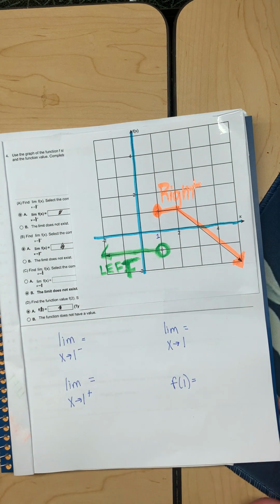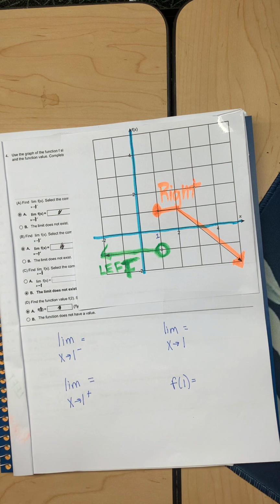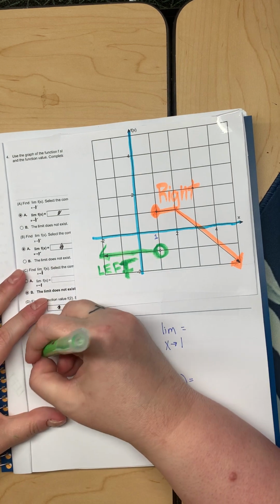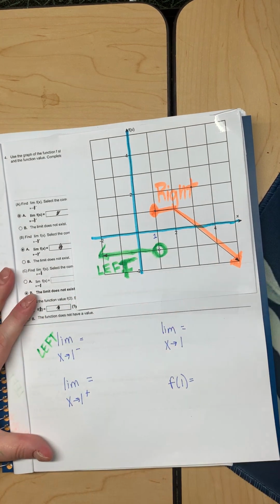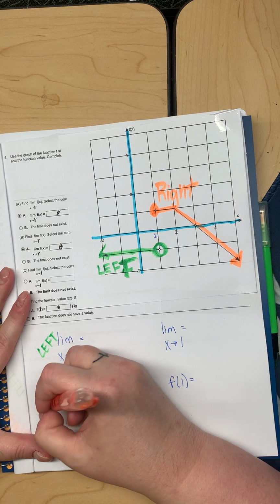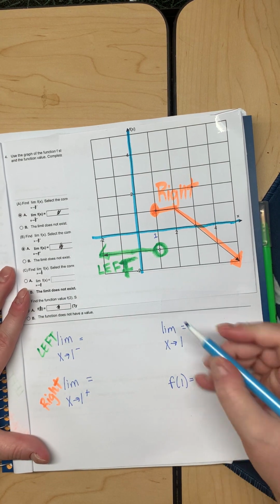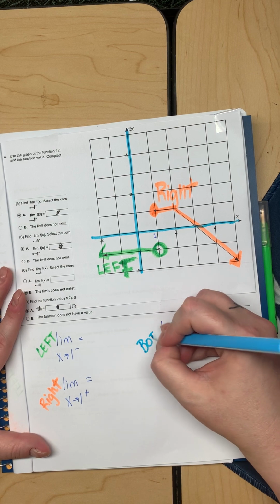Okay, and let's remember, when you have that little negative in the air, that means you look at the left side. So this first limit, as x approaches 1 from the negative, that means the left. When you have a plus sign in the air, that means the right. When you don't have anything in the air after the 1, it means you consider both.